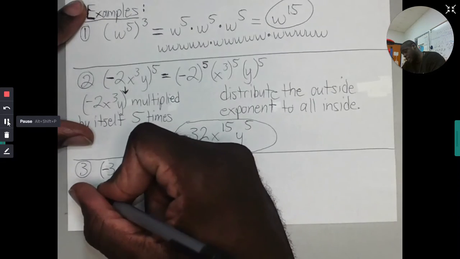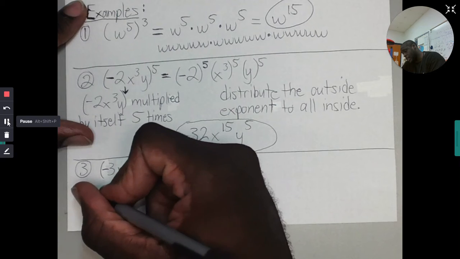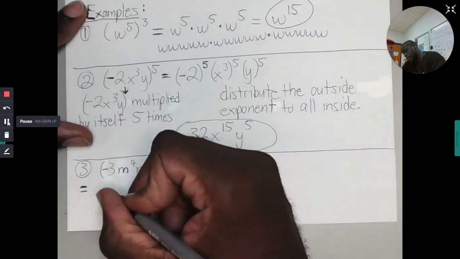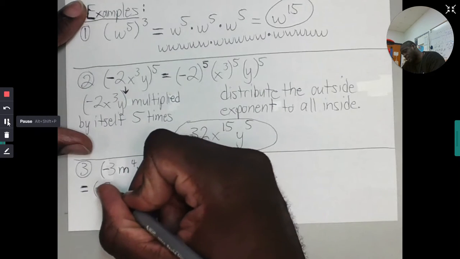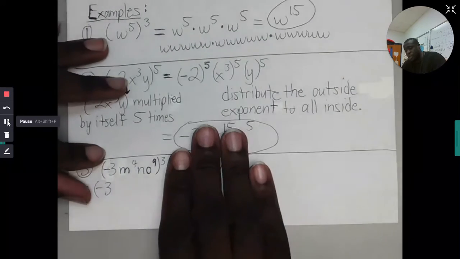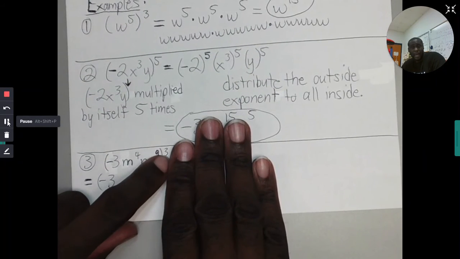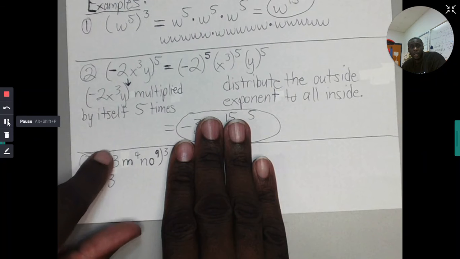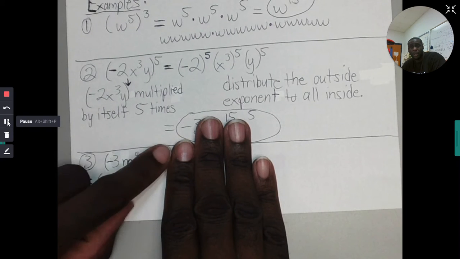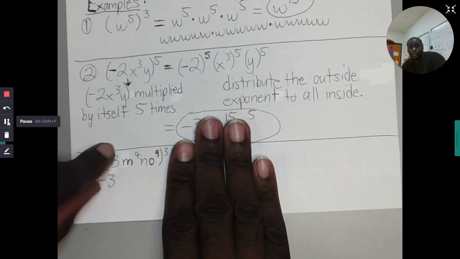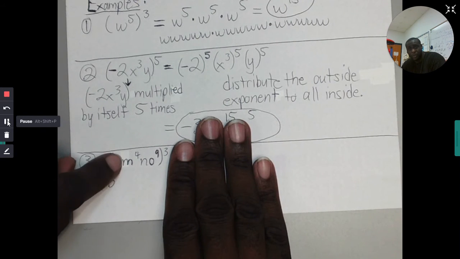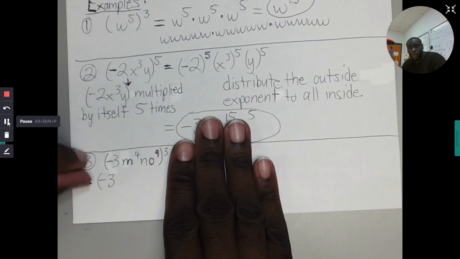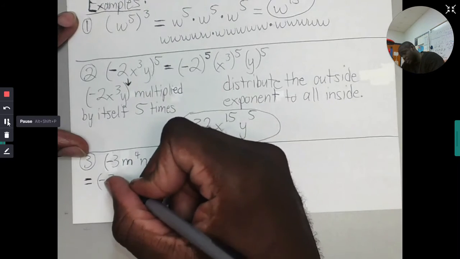And so again, if you distribute that exponent to each of the exponents on the inside, right now the exponent for that -3 is 1. That's -3 raised to the 1st power. And so we want to, again, distribute that.